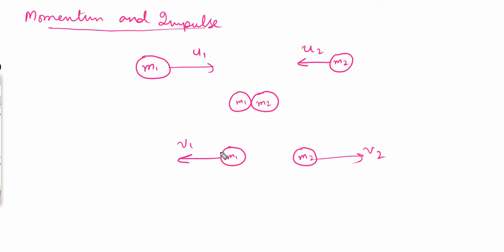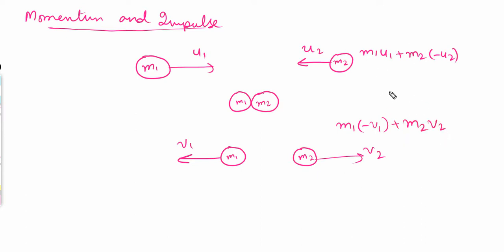According to the law of conservation of momentum, the sum of momentum before the collision remains equal to the sum of momentum after the collision. The sum of momentum before the collision will be m1 u1 plus m2 times negative u2, because the direction of u2 is to the left, and the sum of momentum after the collision will be m1 times negative v1 plus m2 times v2.